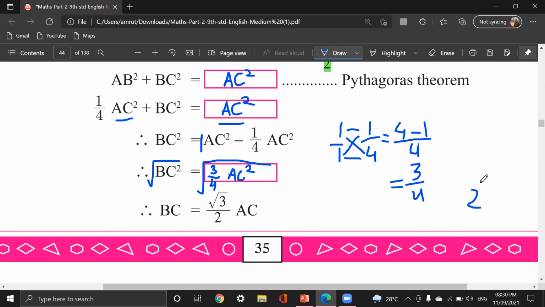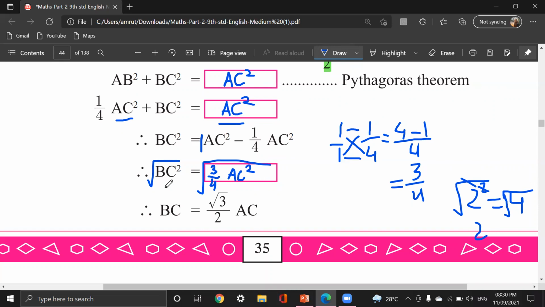Because 2 square is equal to 4. So in place of 4, we can write down 2 square, and when we take root of 2 square, the square root gets cancelled. So finally the answer will be only 2. So root of 4 becomes 2.